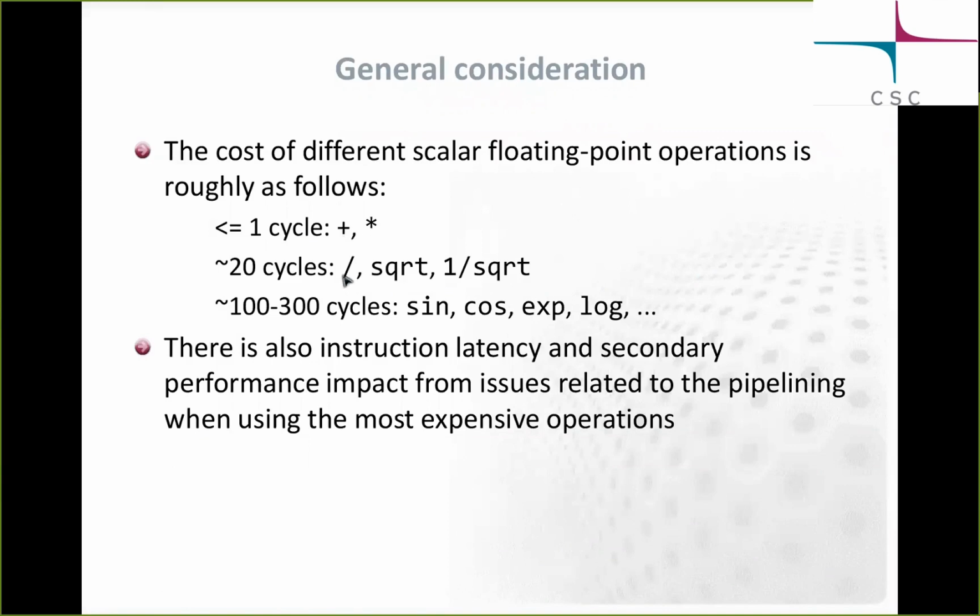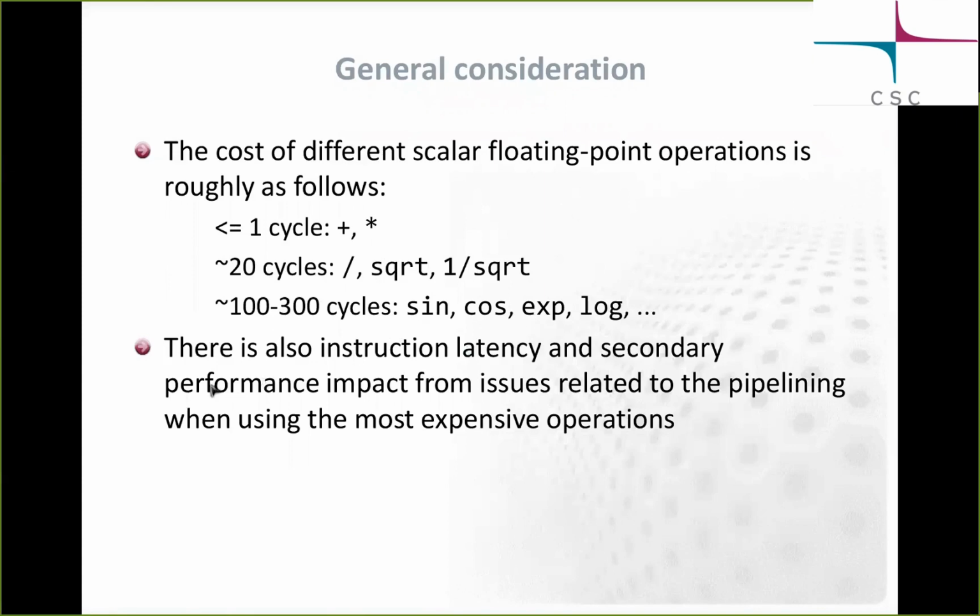Division is already 20 times more expensive than addition. In the same ballpark are taking square roots and reciprocal square roots. And even 5 to 10 times more expensive than these are the special operations like trigonometric operations, exponentials, and so on.